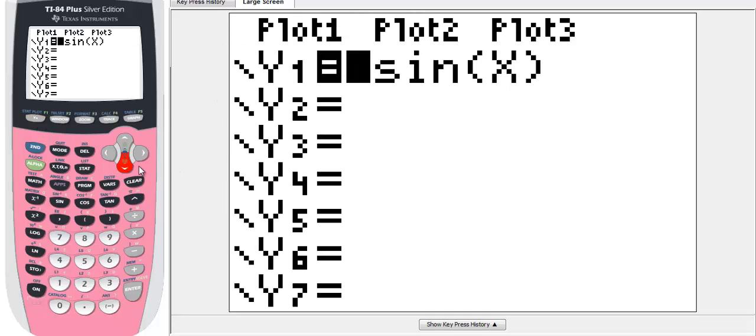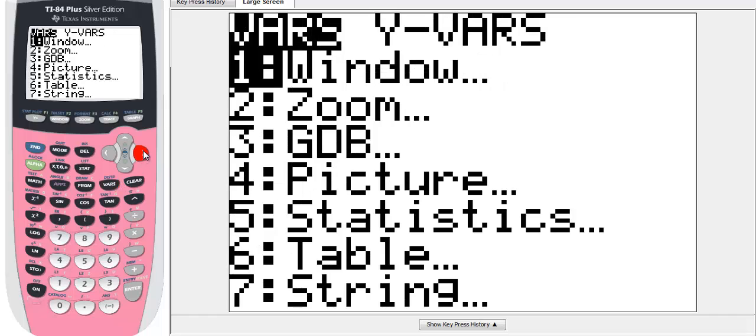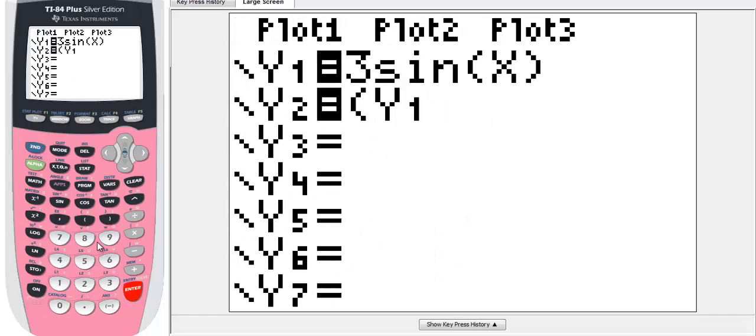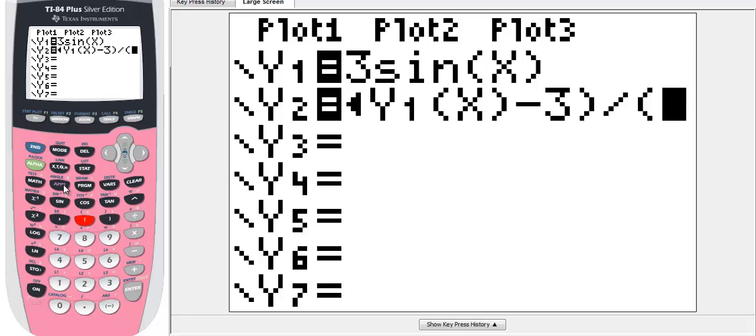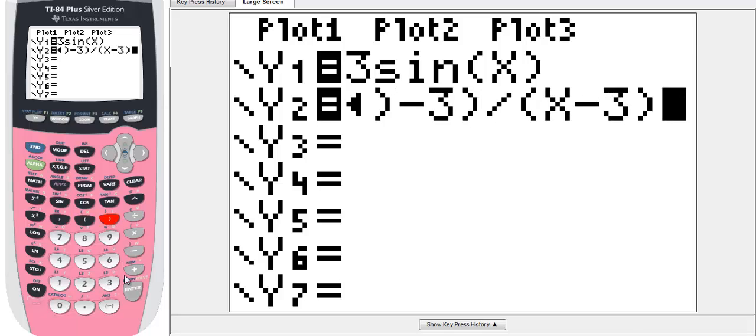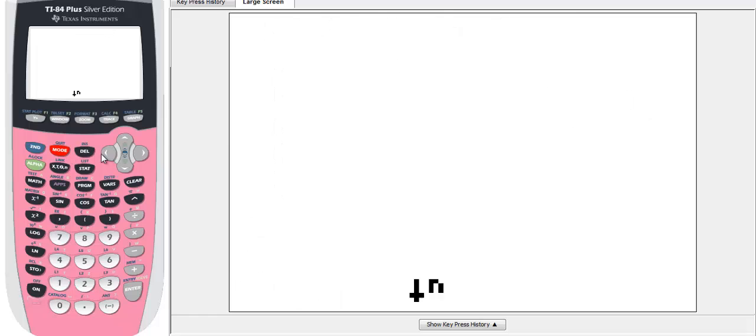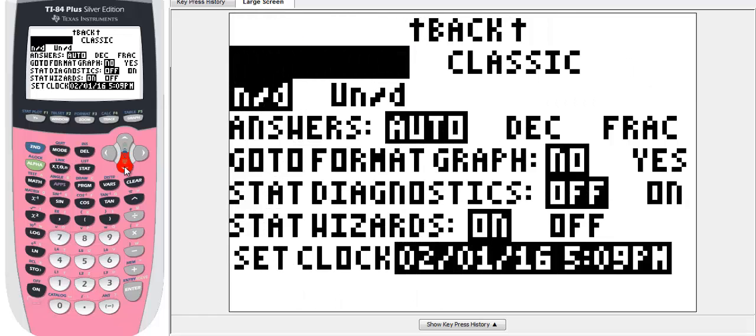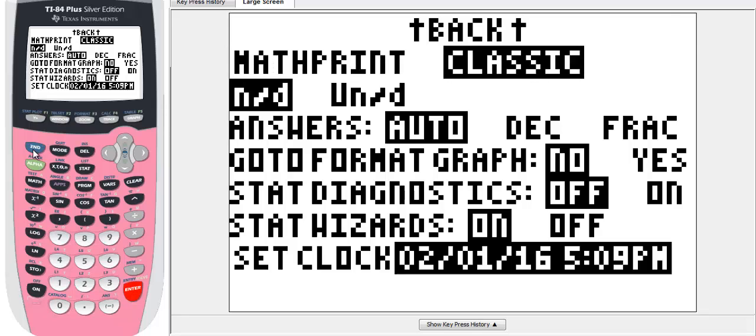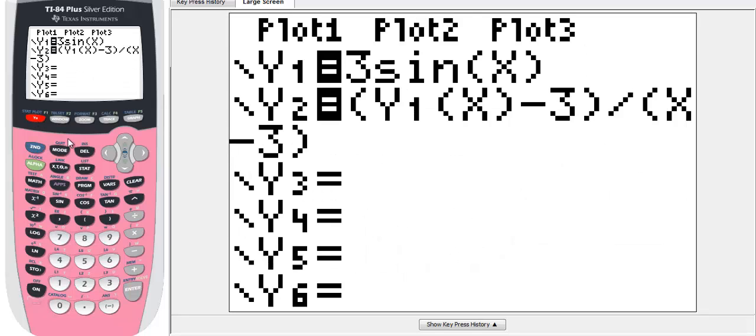In this particular segment here, what you could do is I'm going to do a parenthesis here. I'm going to do my vars, y vars, and I'm going to say x here, and then minus, and when we did pi over 3, it was 3, and then divide by, and then another set of parentheses, x minus 3. So, let me change this mode so that we can see everything that I typed in. Okay.